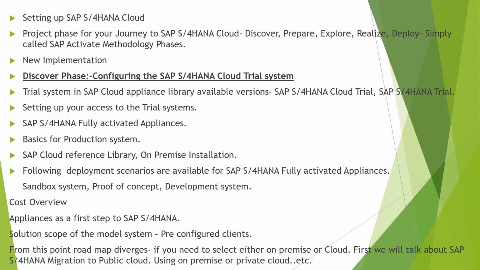Okay. So in this video, SAP Activate as a framework for implementing SAP S/4HANA provides an overview of the SAP S/4HANA reference system, the so-called model company, which is a trial system in the cloud. And this video introduces this model company and its application options, which go far beyond the scope of a common trial system.